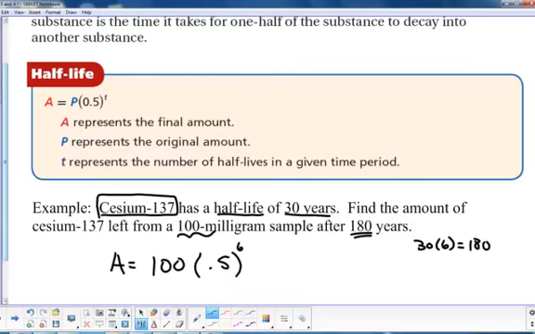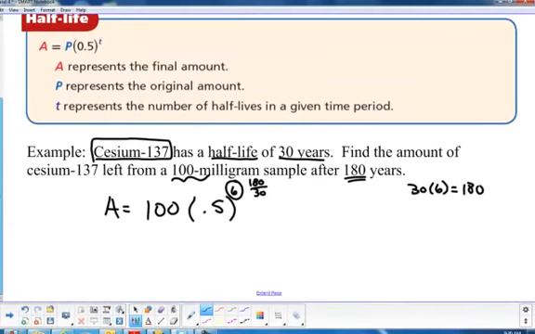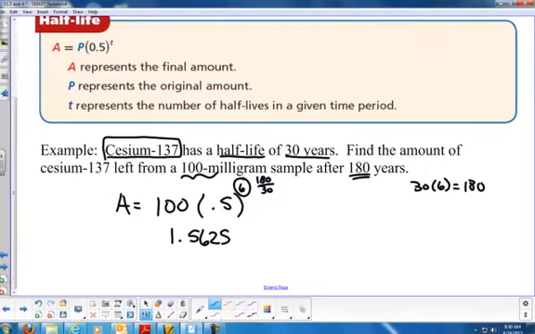If you didn't know that, you could put the 180, how many years you want, over the half-life. That'll give you the 6. So we're just putting in the calculator 0.5 to the 6th times 100, and we will get 1.5625. That means it halves 6 times. Every 30 years it halves, and we've lasted 180 years with this cesium-137.